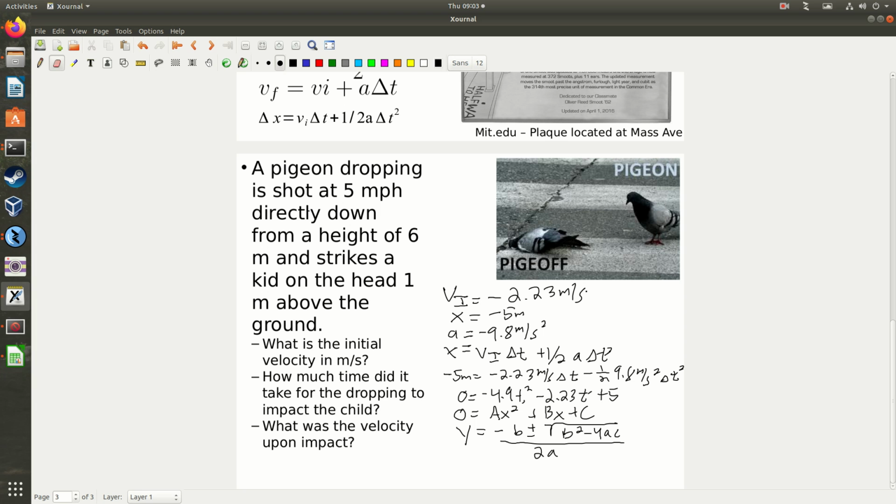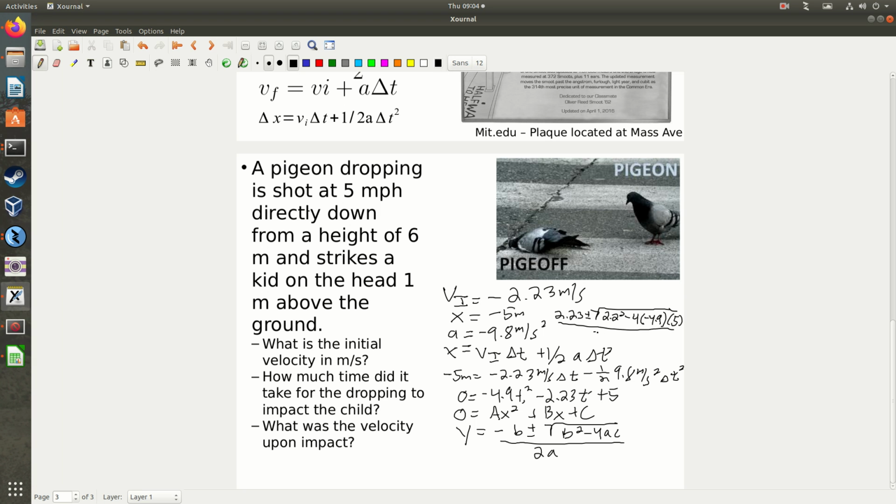So that'll be a 2.23. Let's see if I can fit it in here. 2.23 plus or minus, it's going to be a tough one. Not going to be able to fit it there, am I? No, I am not. Let's do it right here. 2.23 plus or minus the square root of 2.2, we'll just say 2.2s for now, squared minus 4, a is negative 4.9 and c is 5, all over 2a.